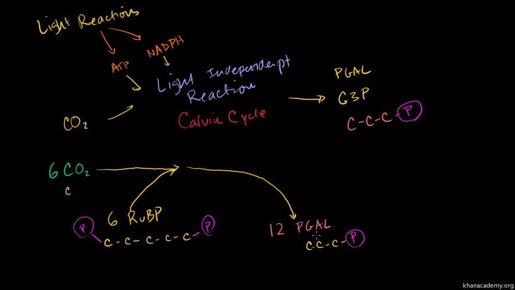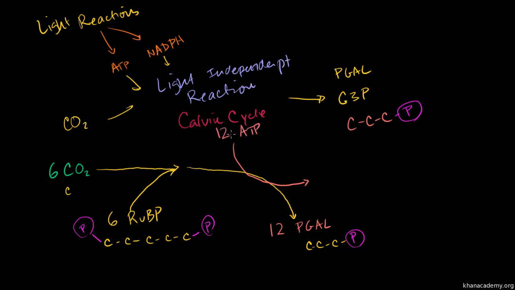Now, the bonds or the electrons in this molecule are in a higher energy state than the electrons in this molecule. So we have to add energy in order for this reaction to happen. This won't happen spontaneously. And the energy for this reaction, if we use the numbers 6 and 6 here, is going to come from 12 ATPs.